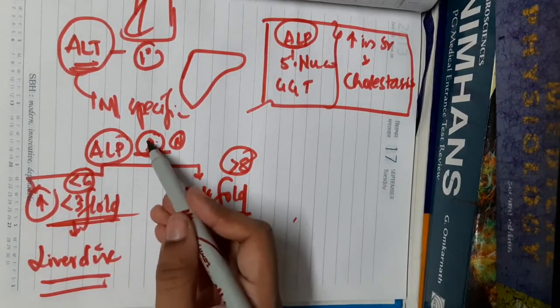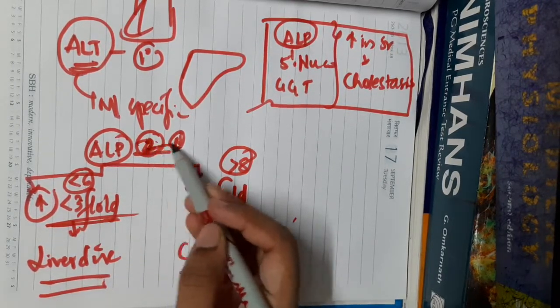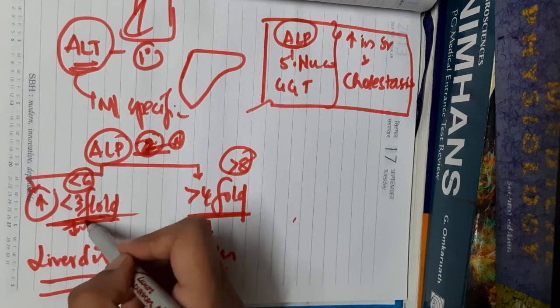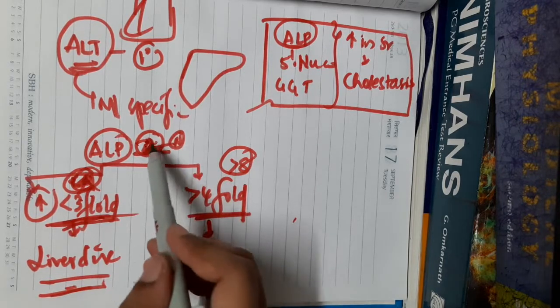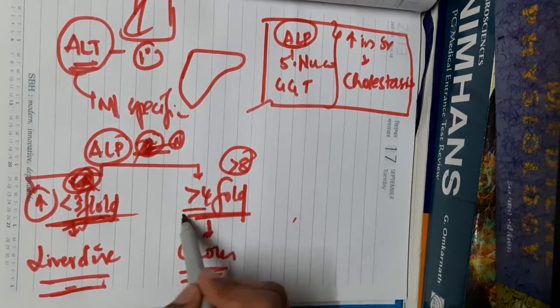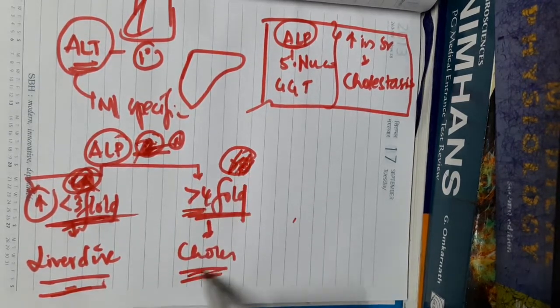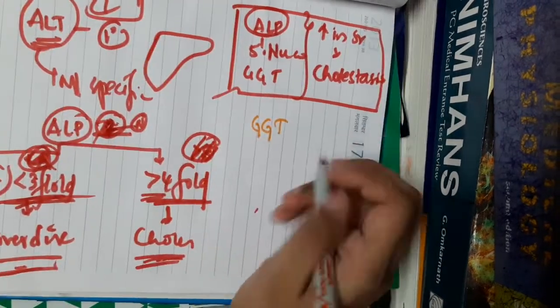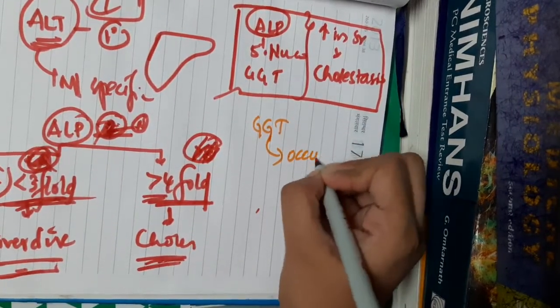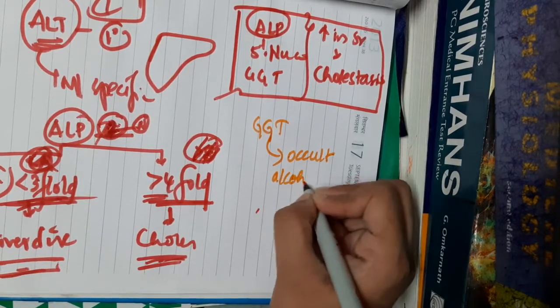You multiply the original value of ALP by 3, and a value less than that indicates liver disease. Similarly, you multiply the value by 4, and if the ALP value is more than that, you call it cholestasis. Next, GGT can identify the presence of occult alcohol use.